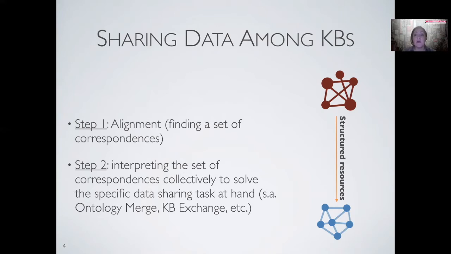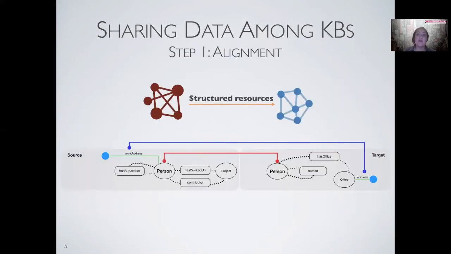To give an example that highlights the distinction between the two steps of knowledge sharing, imagine that we have two knowledge bases as follows, and two correspondences, the red and blue lines in the picture, that express that concept person in source corresponds to concept person in target, and attribute work address in source corresponds to address in target.